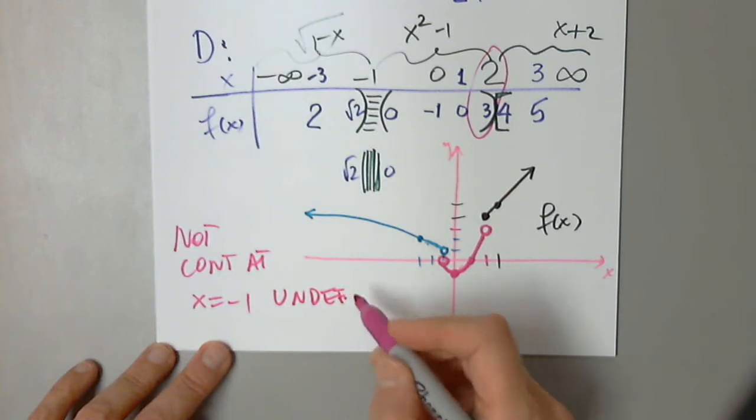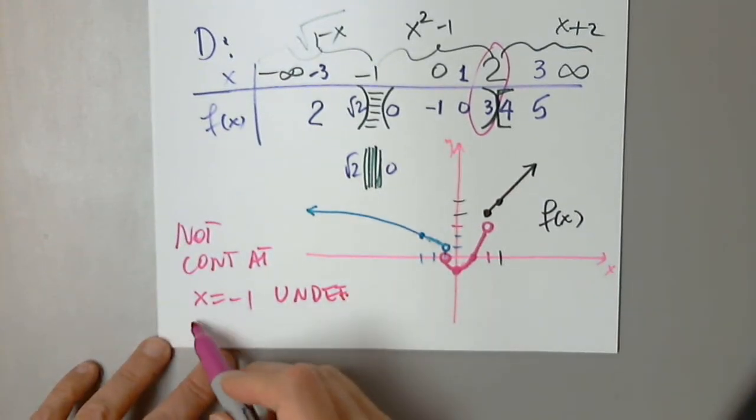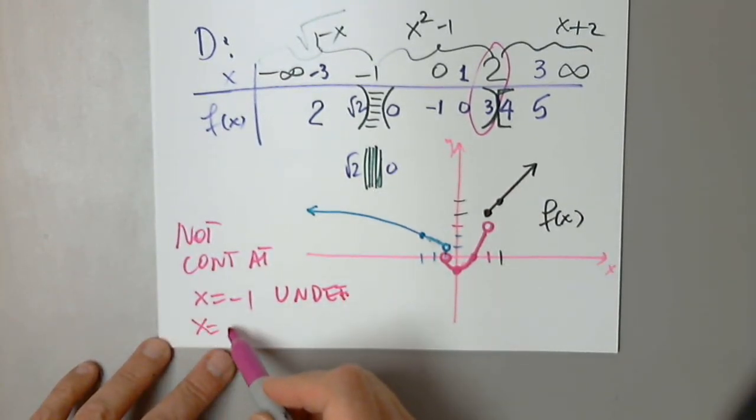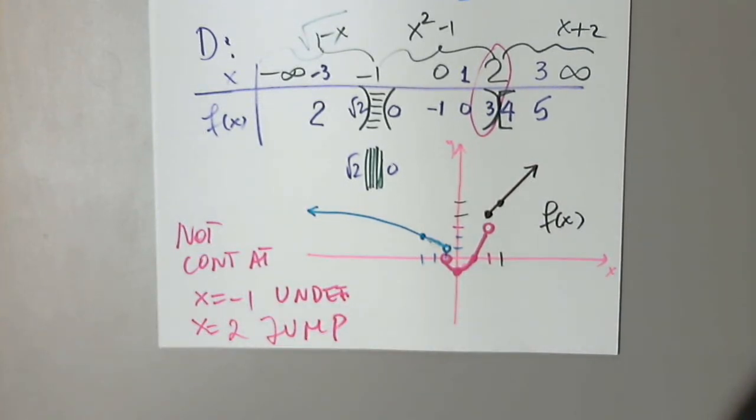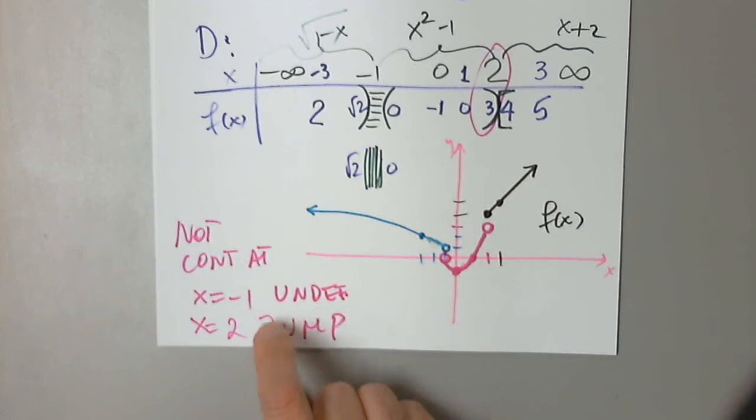If it's undefined, it cannot be continuous. And also at x equals 2, which is a jump. Discontinuity. Here, at negative 1, it's undefined, and at 2 is a jump. Does this function have a removable discontinuity? Remember what a removable discontinuity is.